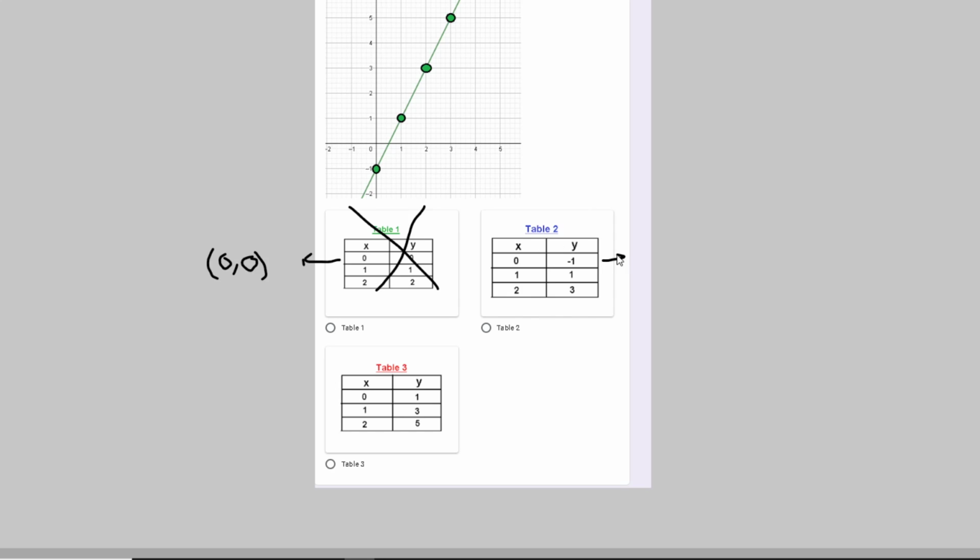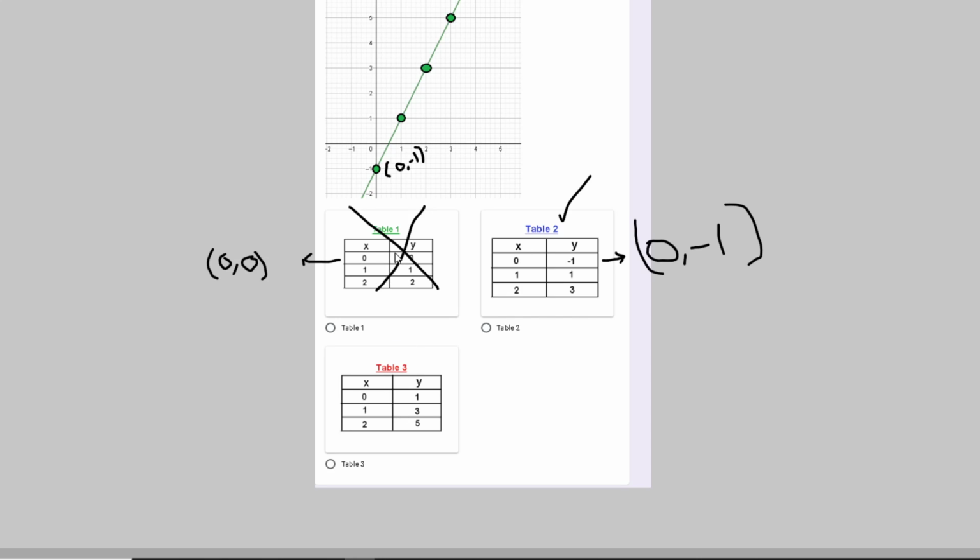We have 0, -1 as a coordinate. So that'd be 0, -1. Our y-intercept is -1. So this worked for the first row.